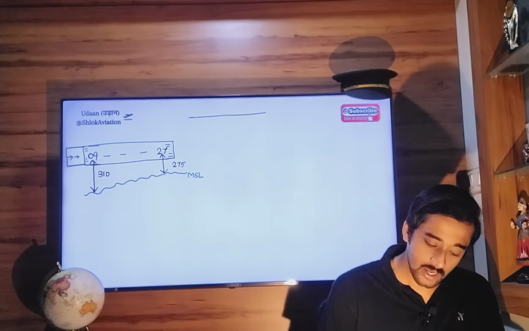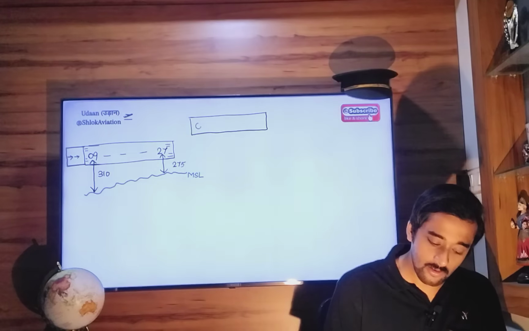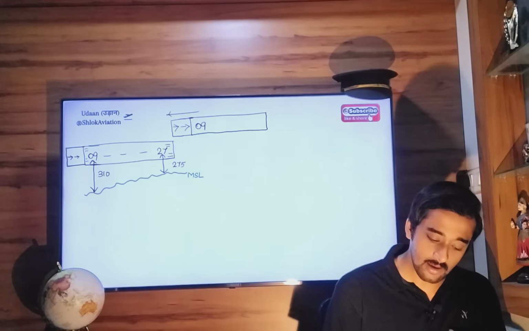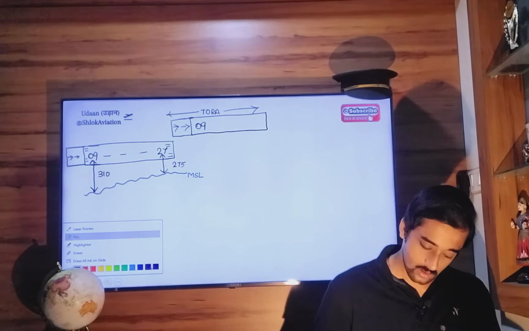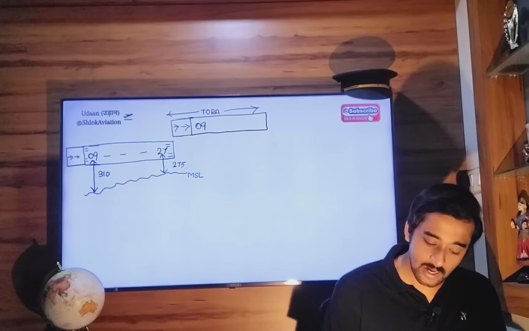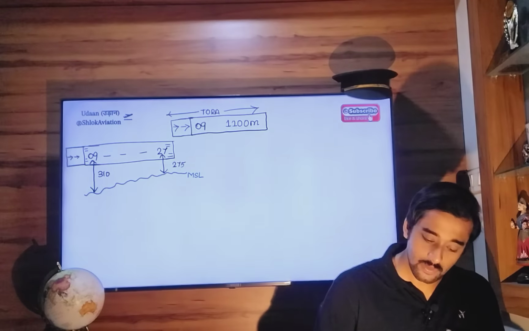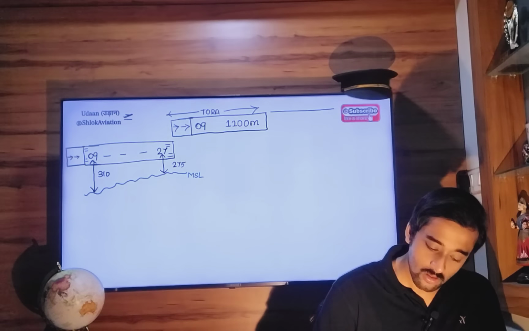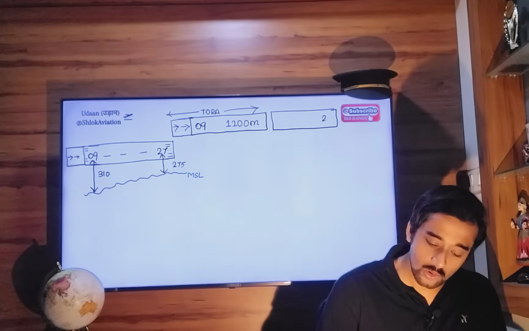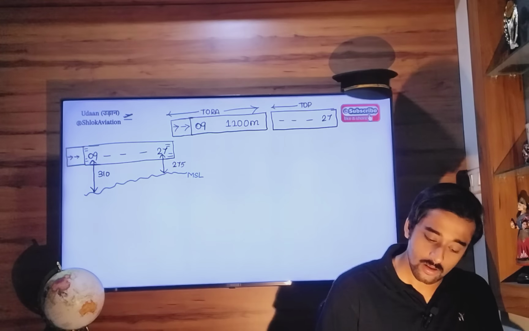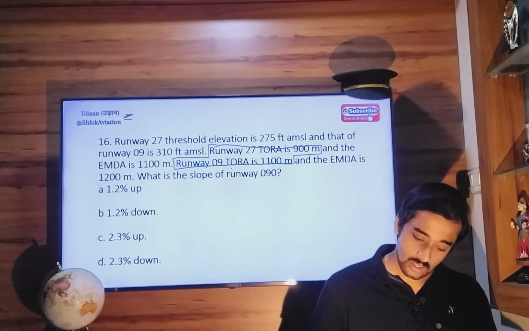This is your runway 09, let's say. So for runway 09, takeoff run available equals 1100 meter. Another runway diagram. For runway 27, takeoff run available equals 900 meter.